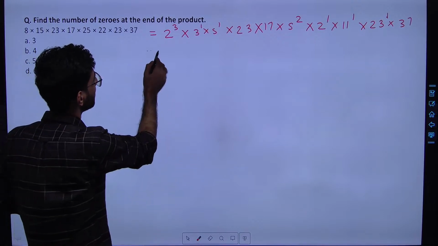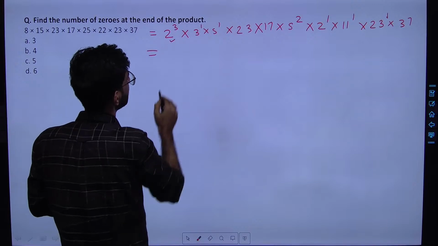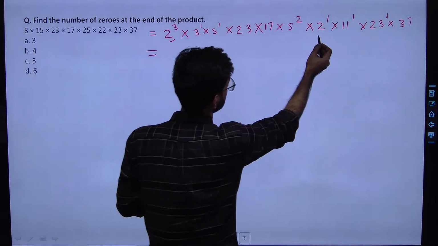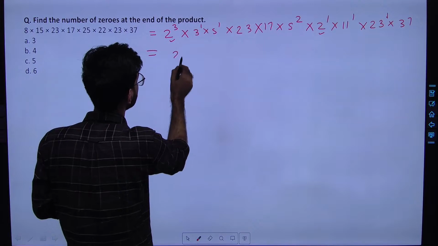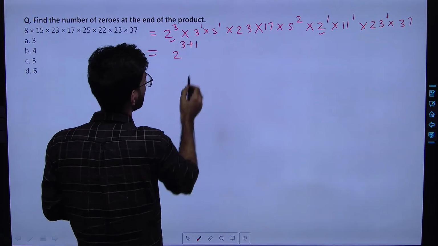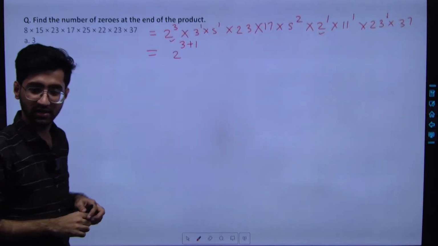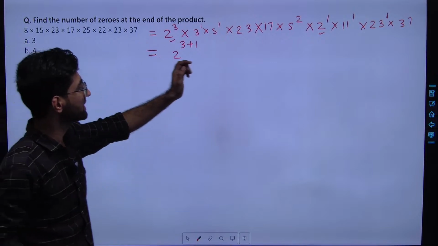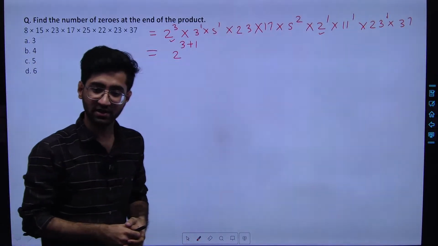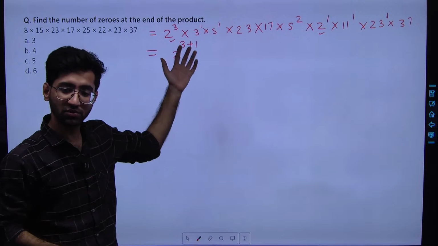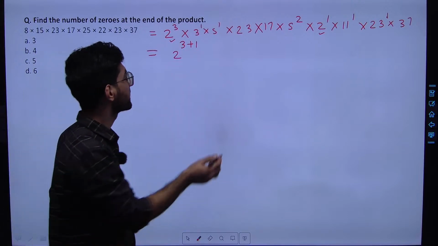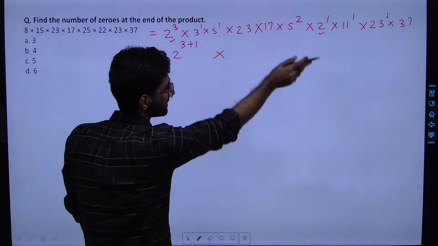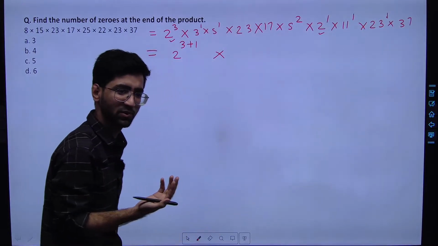So what is the power of 2? See, 2 to the power 3 and 2 to the power 1. So basically this is equal to 2 to the power 3 plus 1. So what is the power of 2? That is 4, right? And obviously we can skip thinking about any other number except 2 and 5.